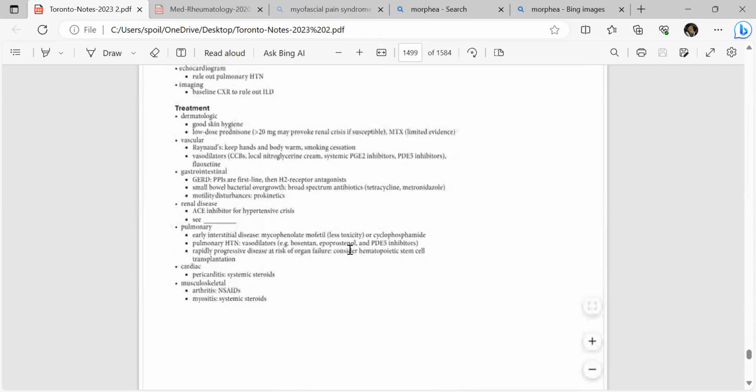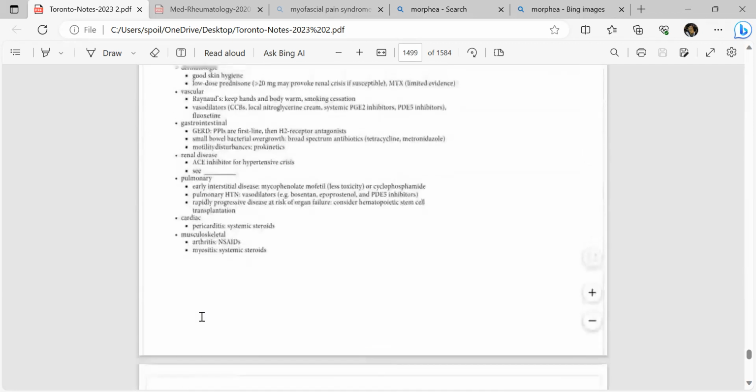Pulmonary: early treatment of lung disease, and for hypertension, vasodilators. Rapidly progressive disease at risk of organ failure: consider hematopoietic stem cell transplantation. Cardiac pericarditis: systemic steroids. Musculoskeletal arthritis: NSAIDs, and myositis: systemic steroids.